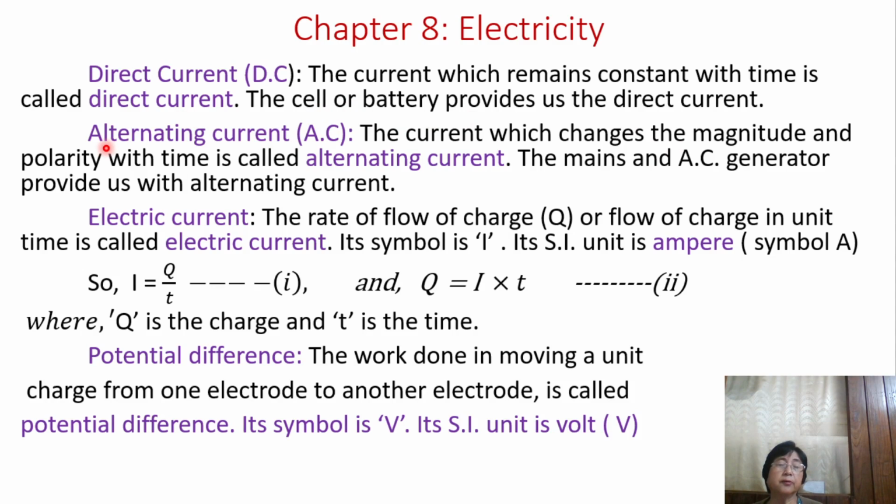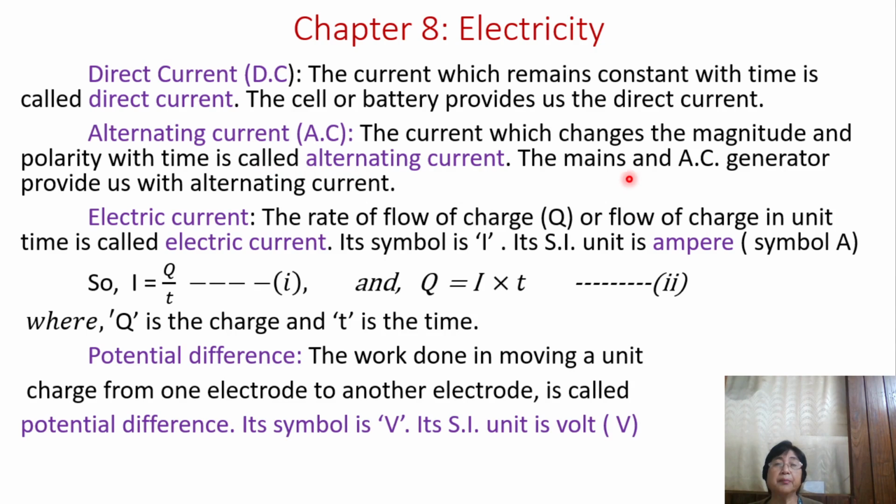Then we have alternating current or AC. The current which changes its magnitude and polarity with time is called alternating current. Usually in alternating current we have 50 on the positive side and 50 on the negative side, that is in total 100 in 1 second.